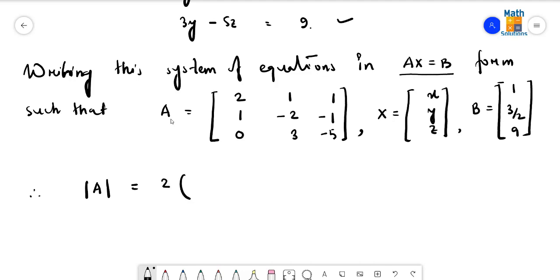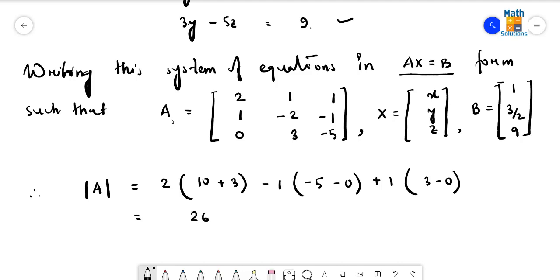So 2 into 10 plus 3, then minus 1 I get here minus 5, then 0, after that plus 1, then I get 3, 0, and then what would I get?